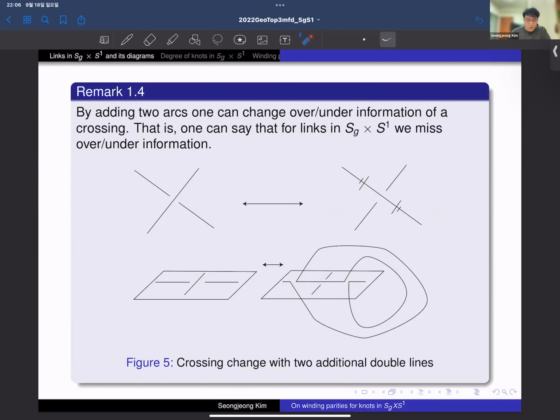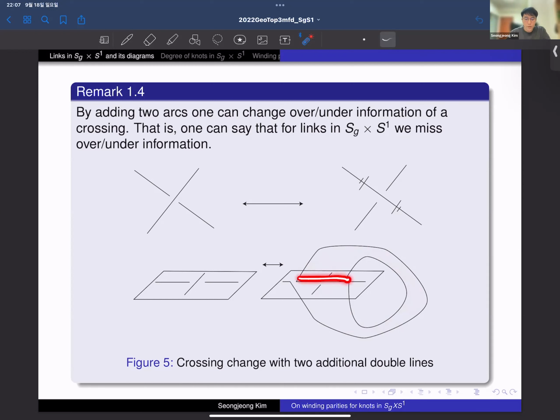Here we notice that the arc connecting outside of this part means this part rotates along S1. If we imagine that this link is locally placed in surface times S1, then we can find the band which rotates along S1.